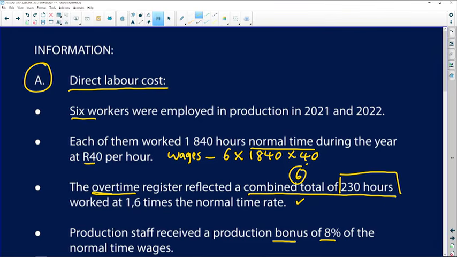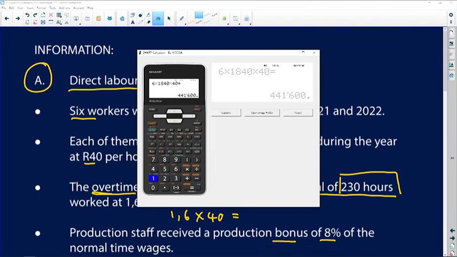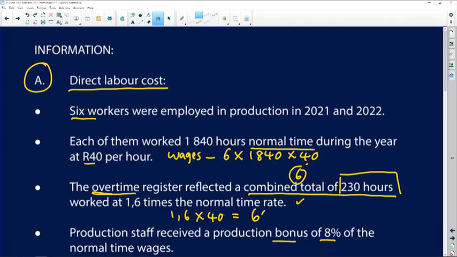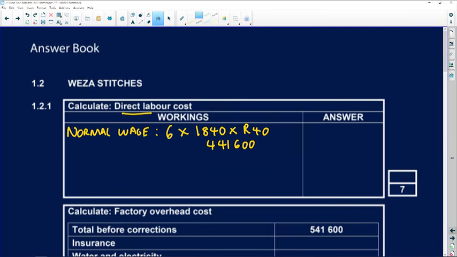Remember, the normal rate is 40 Rand. 1.6 times 40 will give us the overtime rate, and the overtime rate is 64. So 64 times 230, let's write that in our answer book.